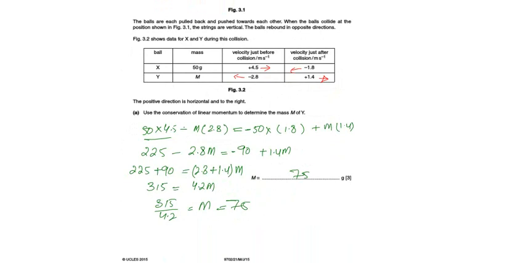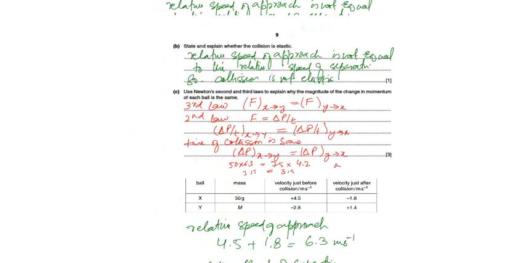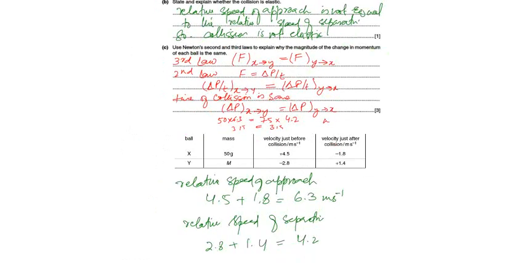Next, state and explain whether the collision is elastic. One way is to find out whether the total kinetic energy before collision is equal to the total kinetic energy after collision. Another way is to consider that, let's say it is elastic. Then the relative speed of approach should be equal to the relative speed of separation.